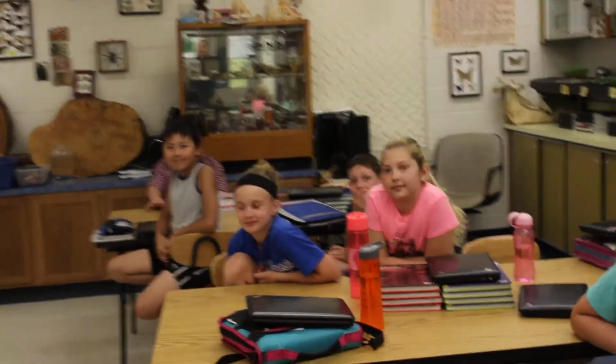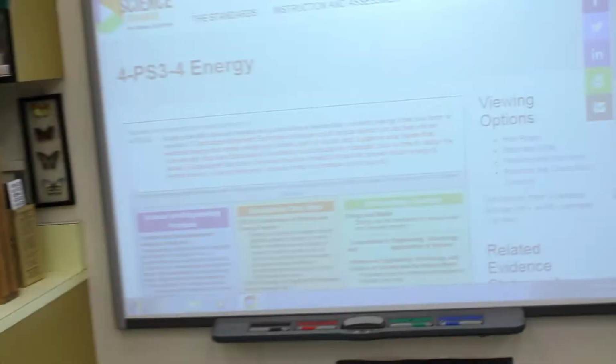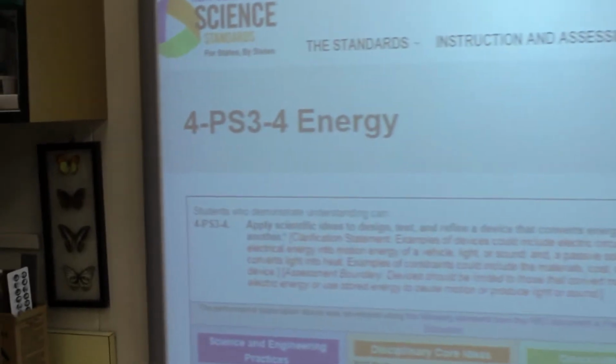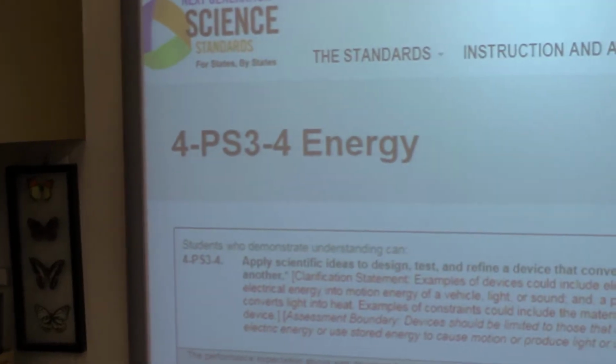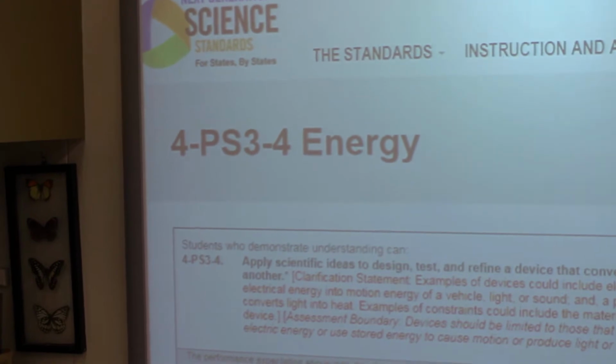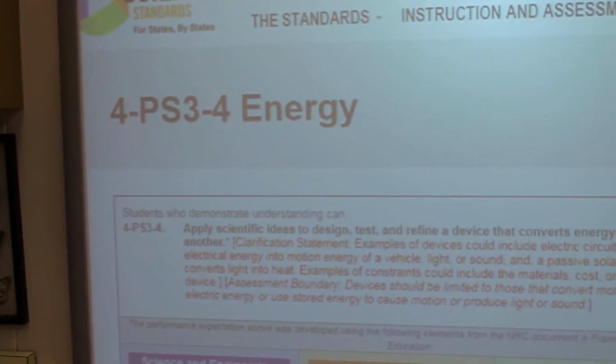Now this is based on a NextGen Science Standard. So our goal here is to follow our NextGen Standard, which is 4-Physical Science 3-4 Energy.